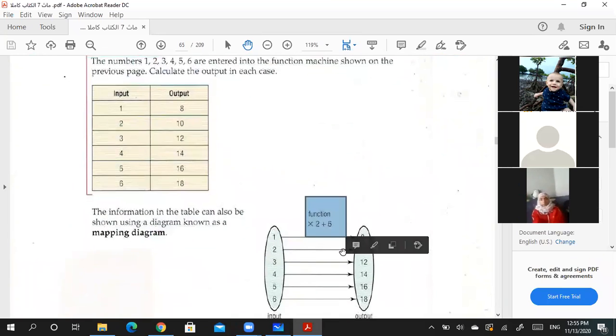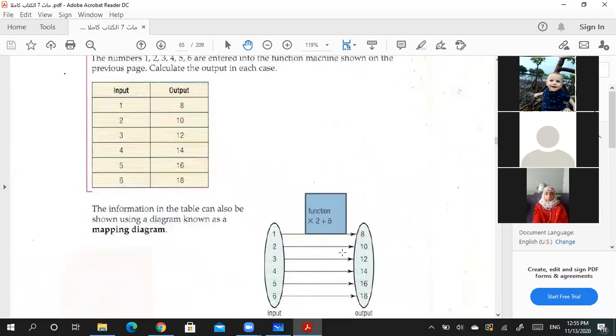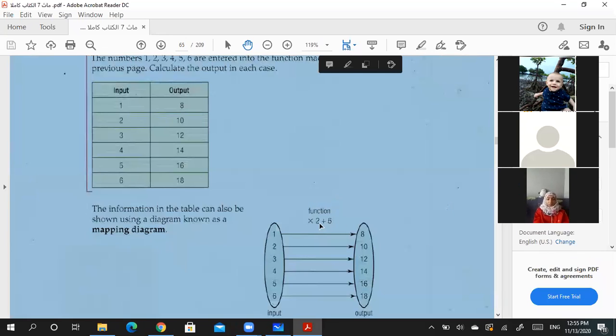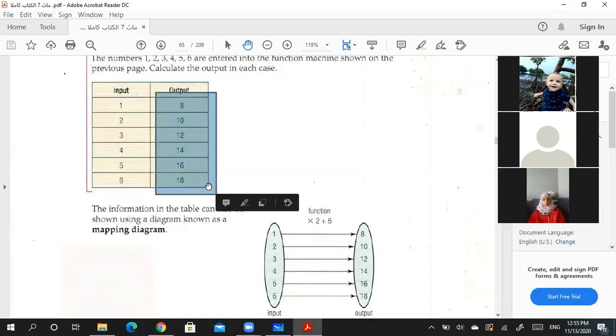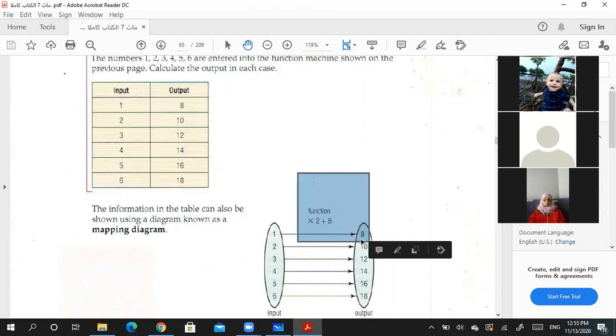For example, the function is x times 2 plus 6. x times 2 means x multiplied by 2. So if your input is 1, 2, 3, 4, 5, 6, you're going to get an output 8, 10, 12, 14, 16, and 18 according to the rule you have.